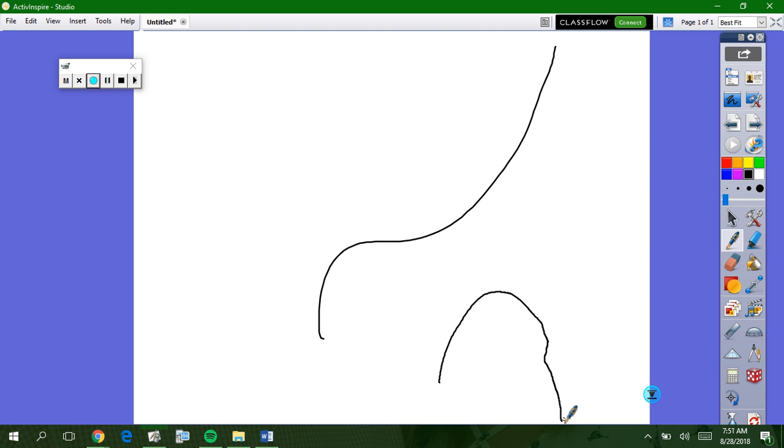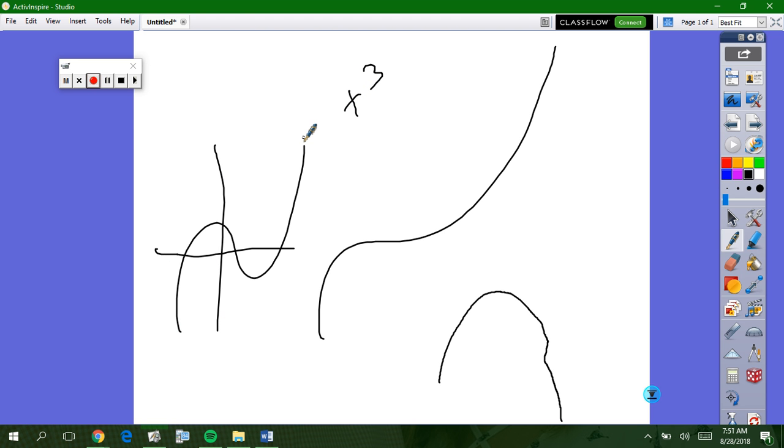So for example, if it was x cubed, remember we could have 2 turning points, correct? Or we could have 0. Because this is always increasing, isn't it? So therefore, there's no one turning point, or we wouldn't have the end behavior required for an x cubed.